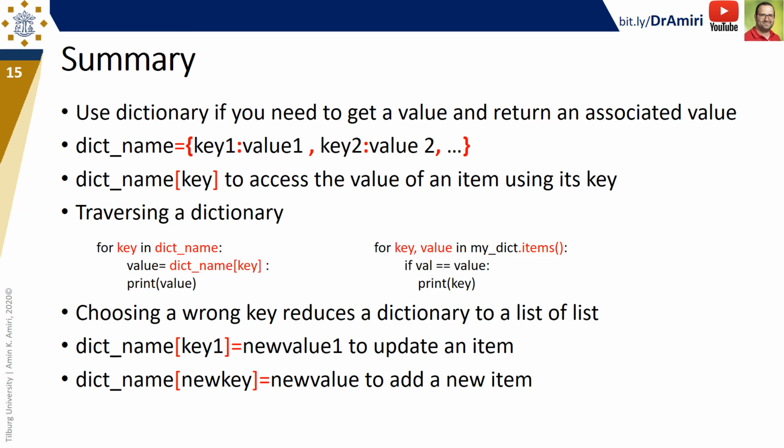Note that it is very important to choose a correct key, otherwise there is no point in using a dictionary. And you can change the value of an existing key by using the name of the dictionary and brackets. And in a similar vein, you can add a new item to the dictionary.